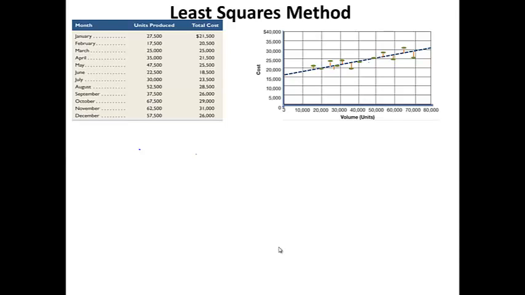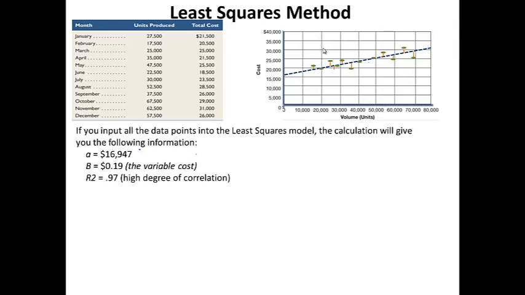At the top, I just want to point out that these are all the data points, units produced and total cost, which is the information we're putting into that statistical program. And over on the right-hand side you can see a graph depiction of how that statistical program is going to try to create this estimate line.